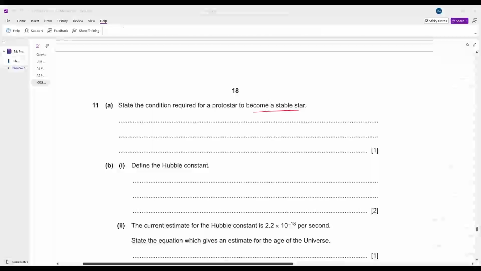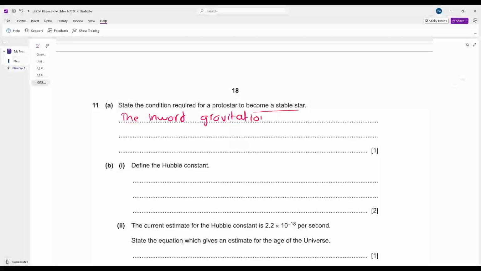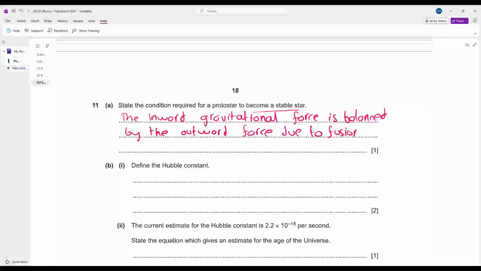So you can say the inward gravitational force is balanced by the outward force due to fusion reaction. Simple.